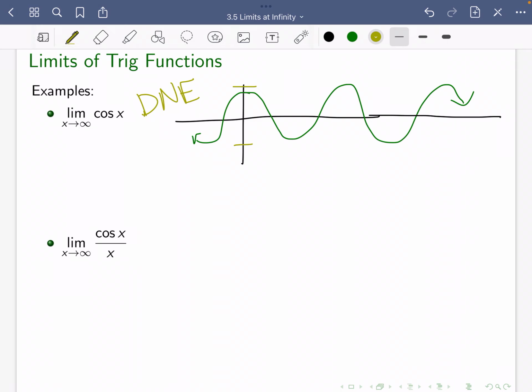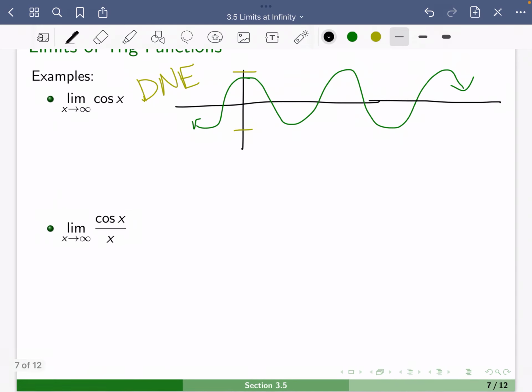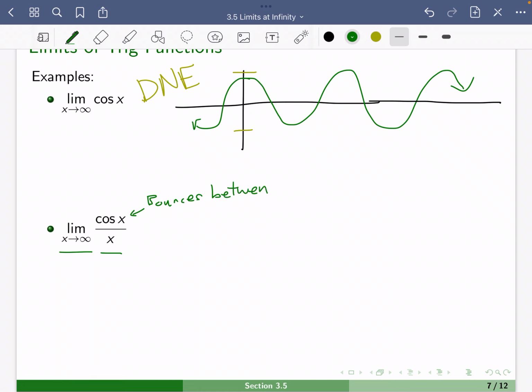Great. On this second example, here we have the limit as x goes to infinity of cosine of x divided by x. So when we look at that, this cosine of x bounces between -1 and 1.